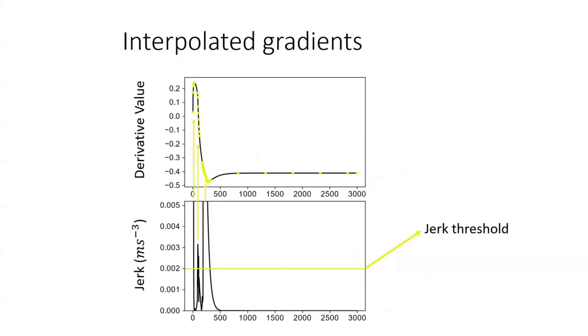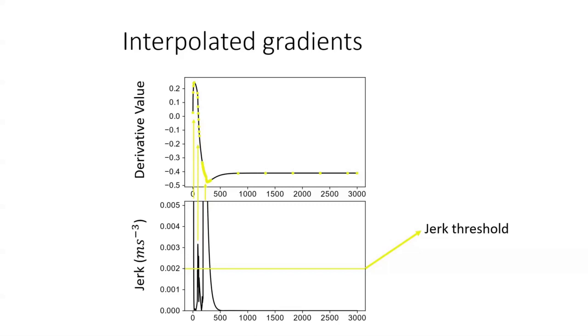We assumed that when the jerk of the system is high, then these derivatives might also be changing much more rapidly. So when the jerk is high, we sample at a much higher frequency, and when the jerk is low, we sample at a much lower frequency, and then approximate.